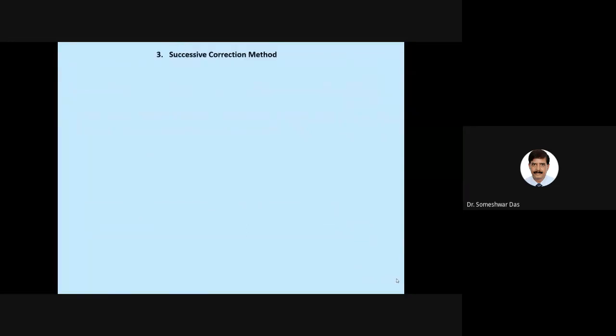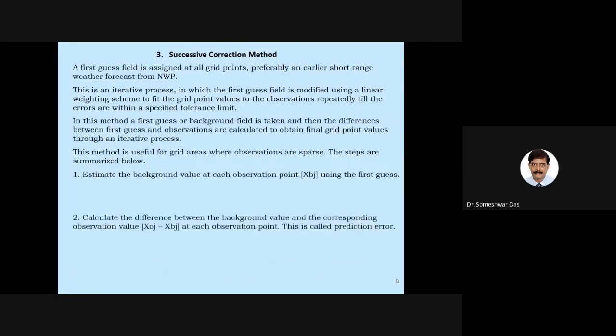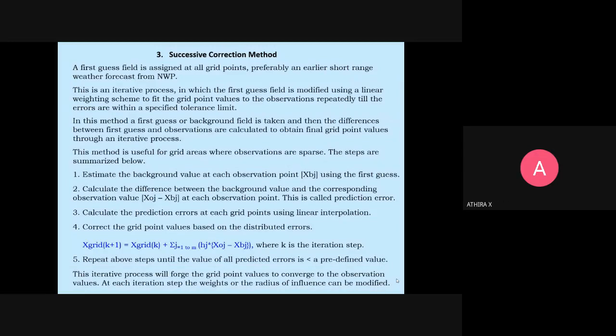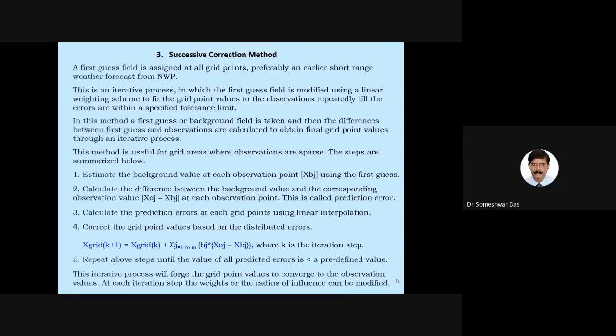This one? I discussed all these points? Yes, sir, we were here. After that, successive correction we have discussed, and then with Kurtzman I got disconnected, is it? Before this, the successive one. Oh, I was discussing this one.